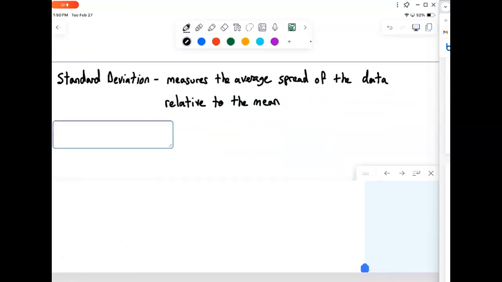Okay. So the standard deviation process involves several steps. So I'm going to first give you those steps, and then we'll take a look at those steps in an example here.